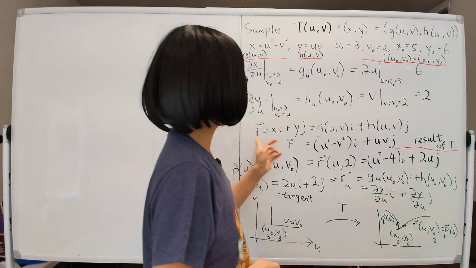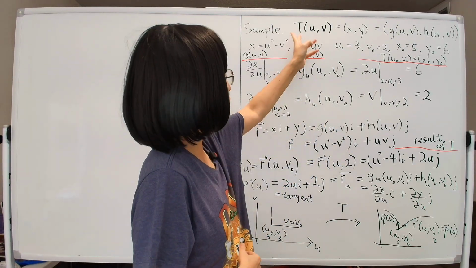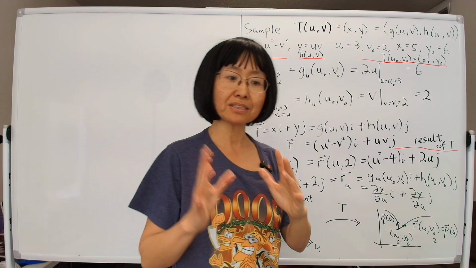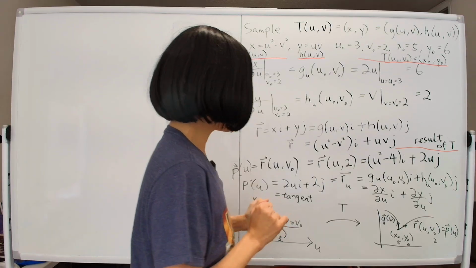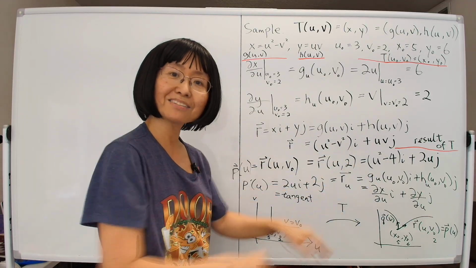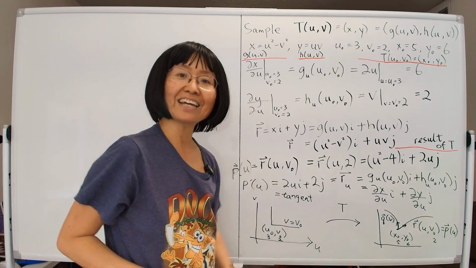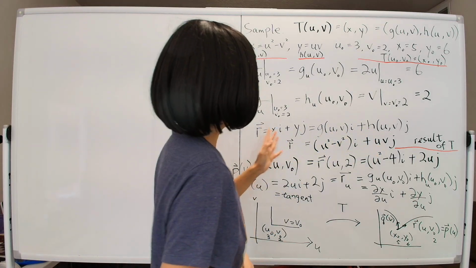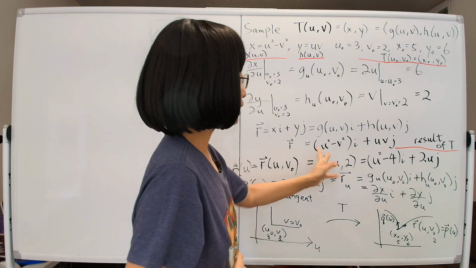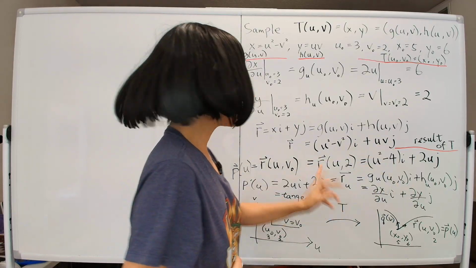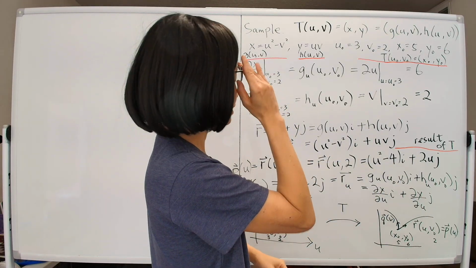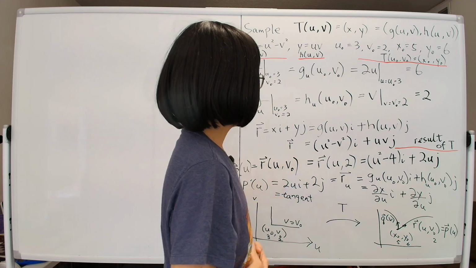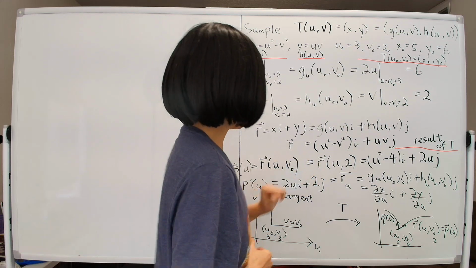So this is going to describe a region, which is what T does. T takes some region, as we've seen earlier, and pushes it so that everything lands in a different region. So being that this has two variables, this is a vector function that will end up being some region depending on u and v. All right, so that is the result of T.